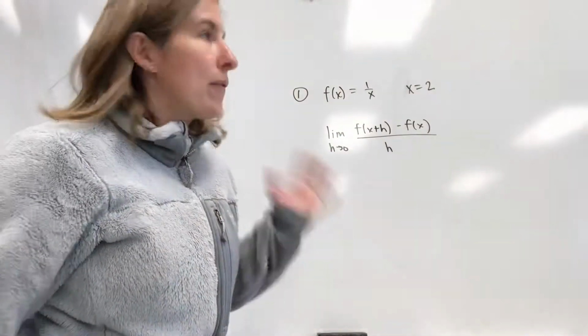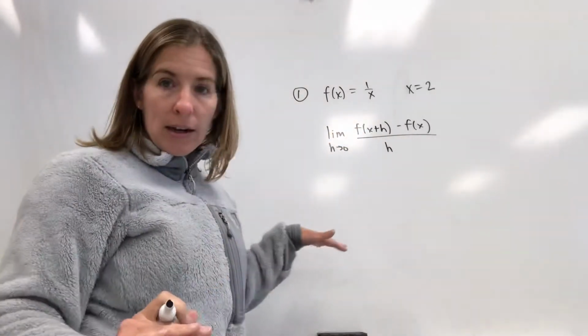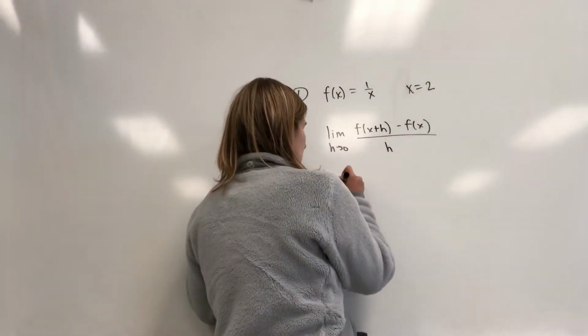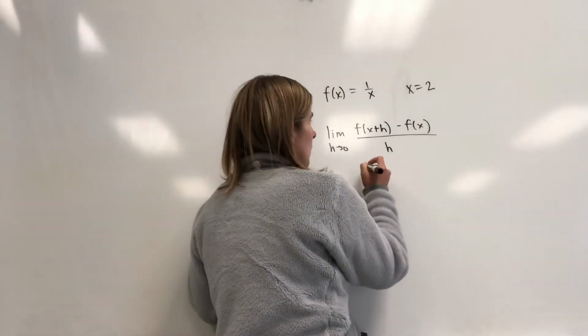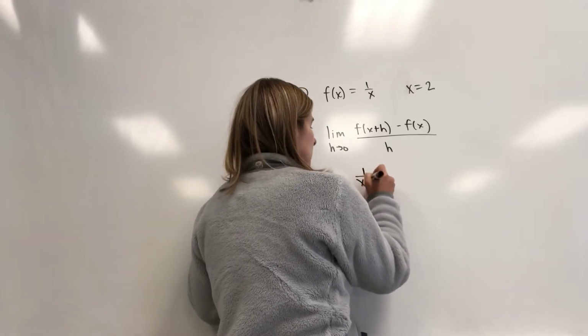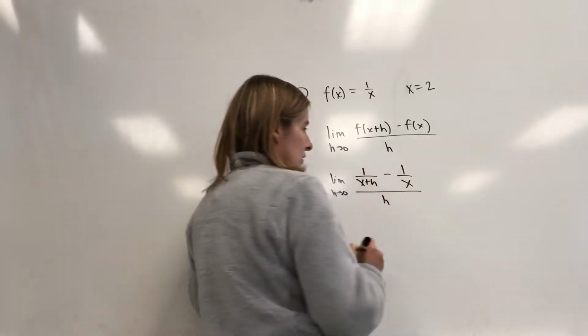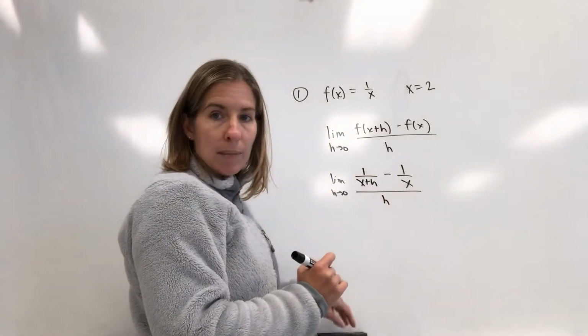I think that first I'll do it leaving it just in terms of x. So we would have the limit as h approaches 0 of 1 over x plus h minus 1 over x all over h. So now let's find a common denominator.